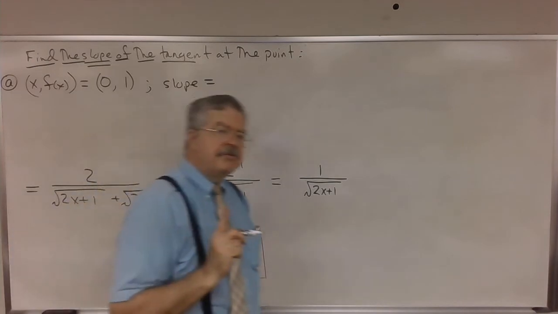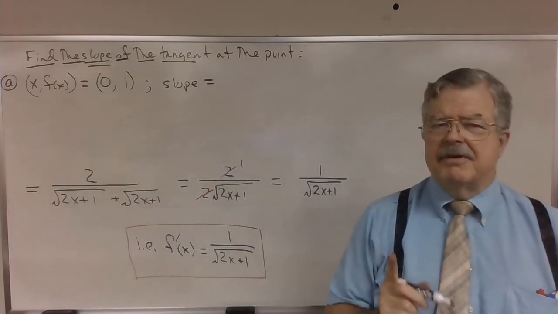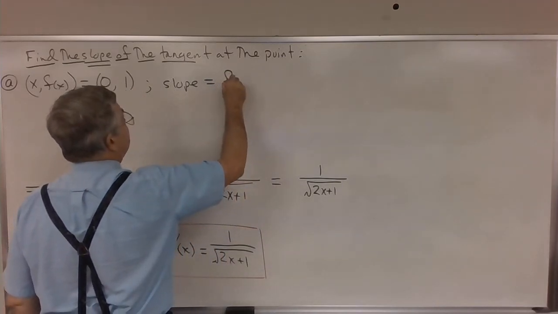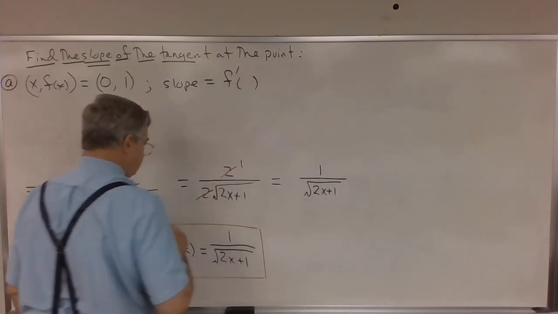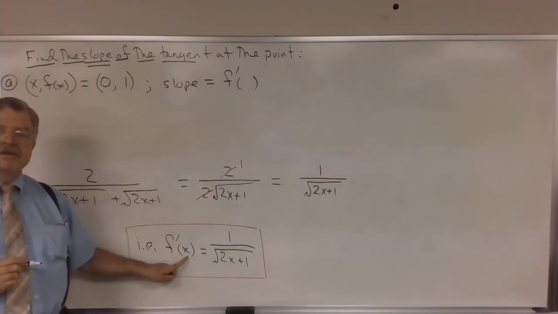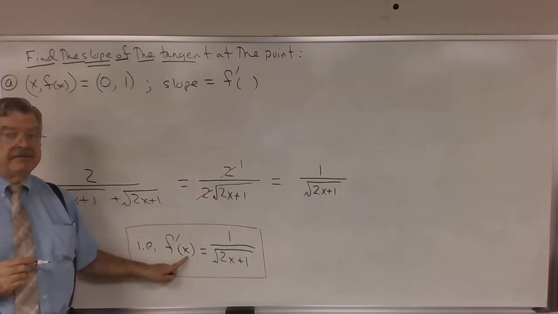And remember, the slope of the tangent is given by the derivative. The derivative is a function of x.